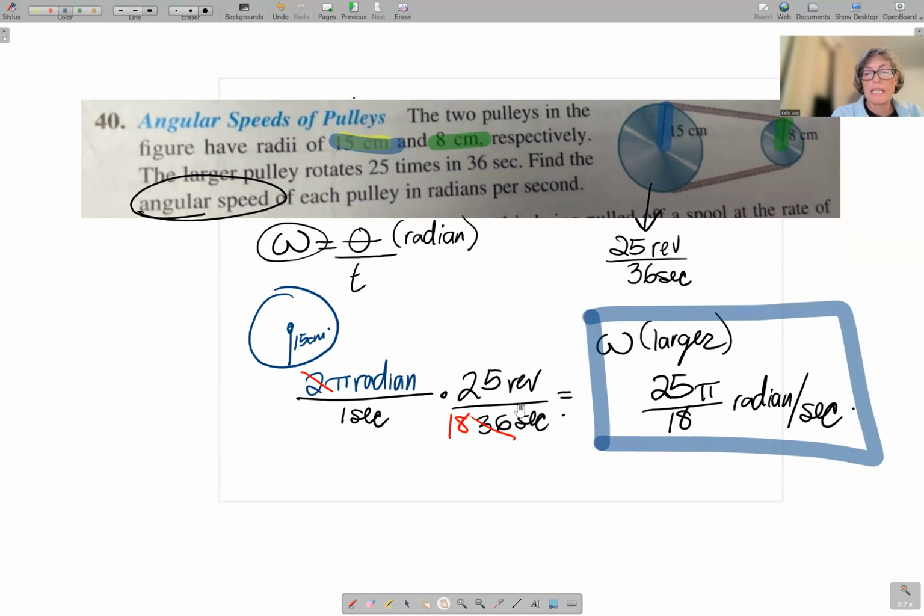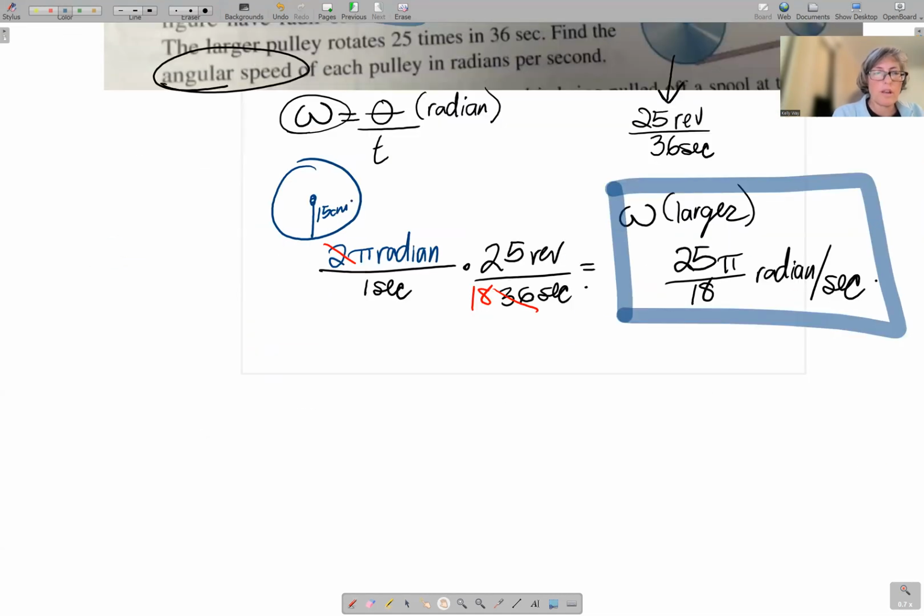Now we're going to get the linear speed of the larger, because that's going to come in handy for something else. So linear velocity is going to be related to the length of the radius times the angular speed.